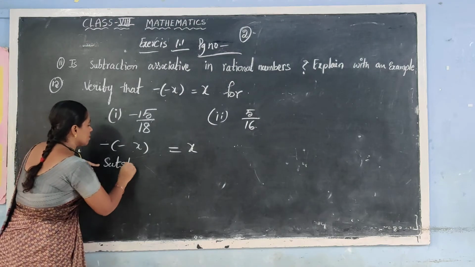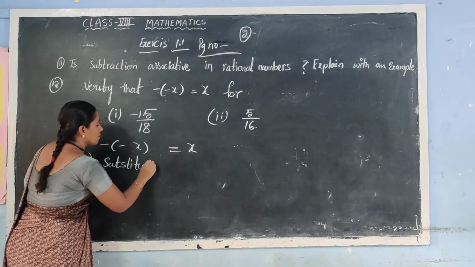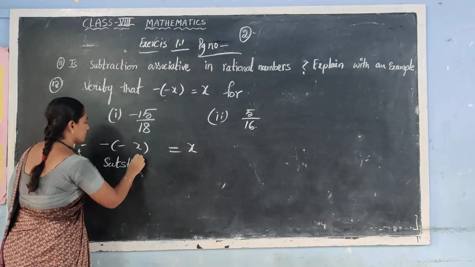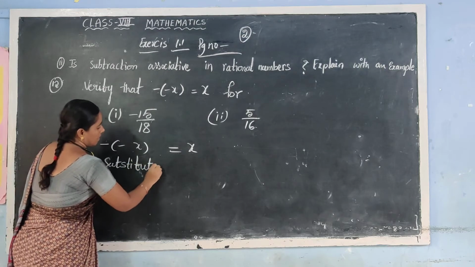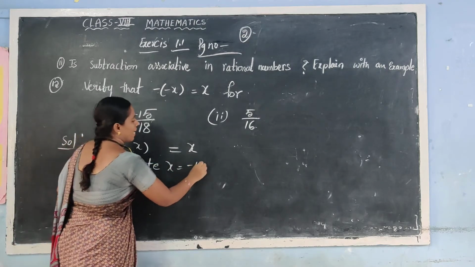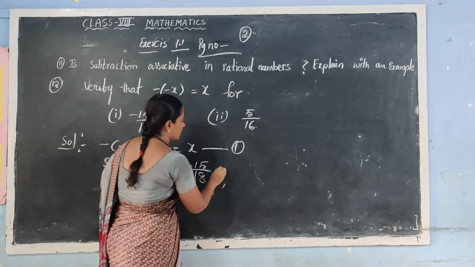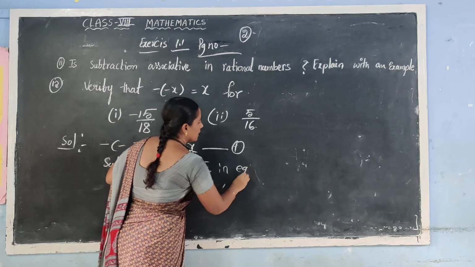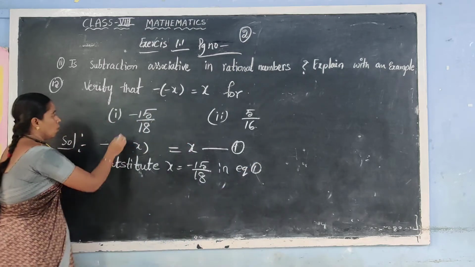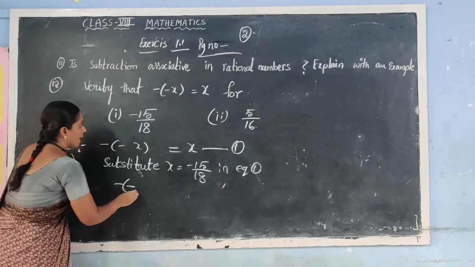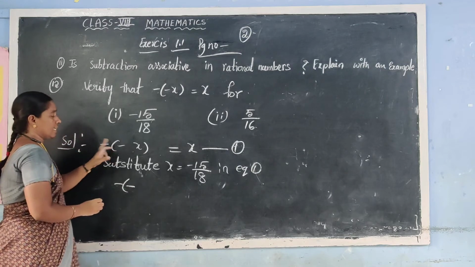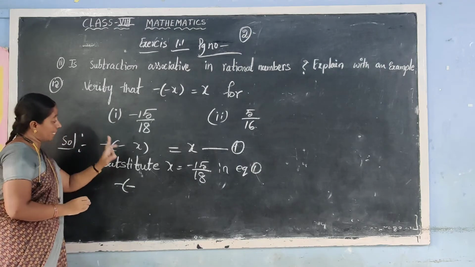So substitute x equals minus 15 by 18 in equation 1. So minus of minus, here see, already they have given minus of minus.